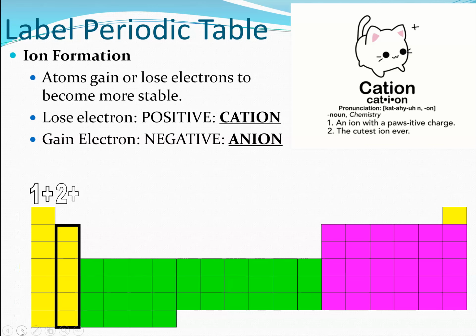Then above the alkaline earth metals, we're going to put a 2+ because these want to lose or transfer 2 electrons. We go straight across and put a 3+ in the boron family. In the boron family, we transfer or lose 3 electrons. That's how many it wants to lose in order to become stable.